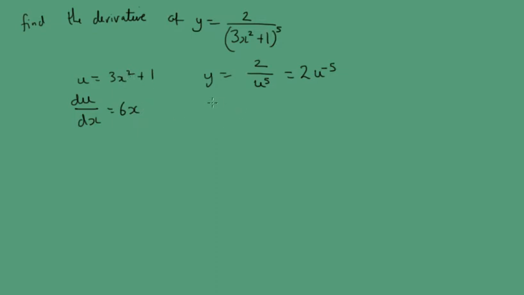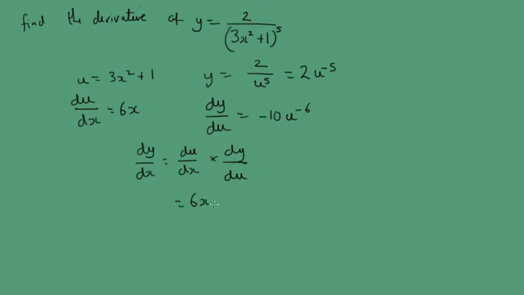So now du by dx is 3 times 2, which is 6x, and dy by du is minus 5 times 2, which is minus 10, u to the power minus 5 minus 1, which is minus 6. So dy by dx is du by dx multiplied by dy by du.